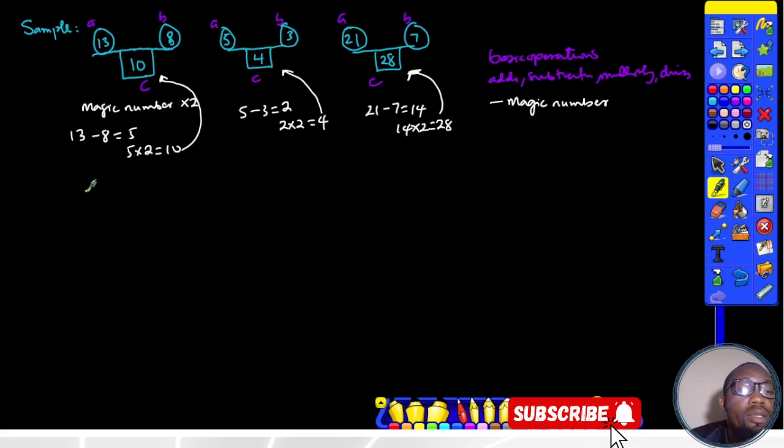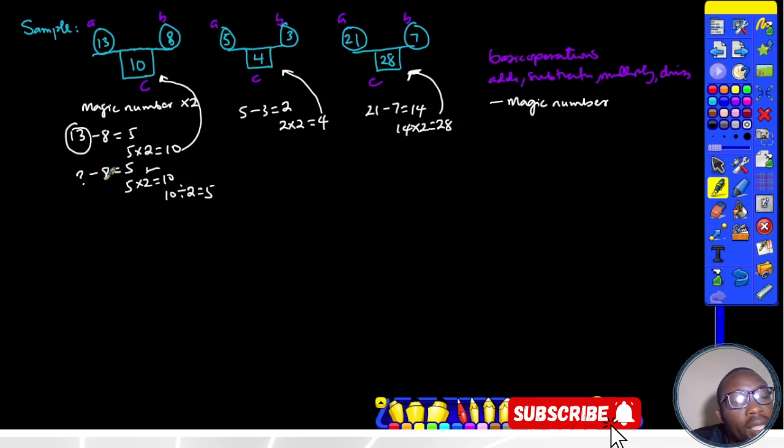If part A is missing, what do I do? First of all, remember what we said about reverse engineering. If 13 is missing here, and I have a missing number minus 8 gives me 5, and 5 times 2 gives me 10, the first thing I should do is reverse engineering. I'll do 10 divided by 2, which is 5.